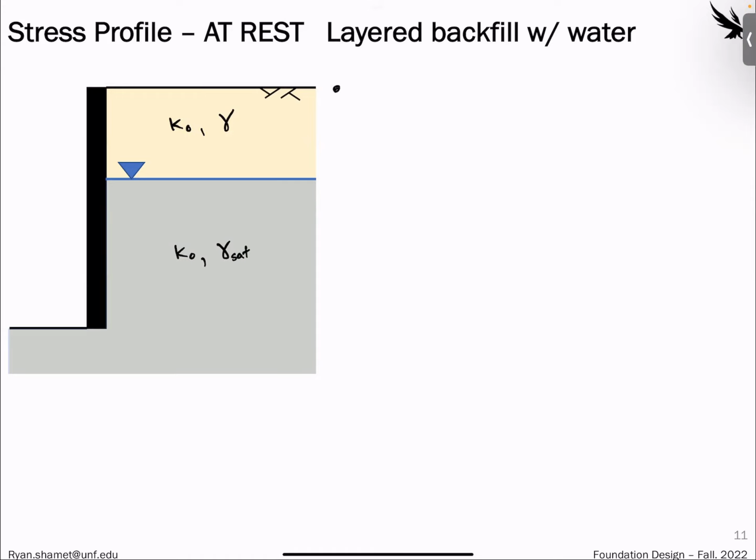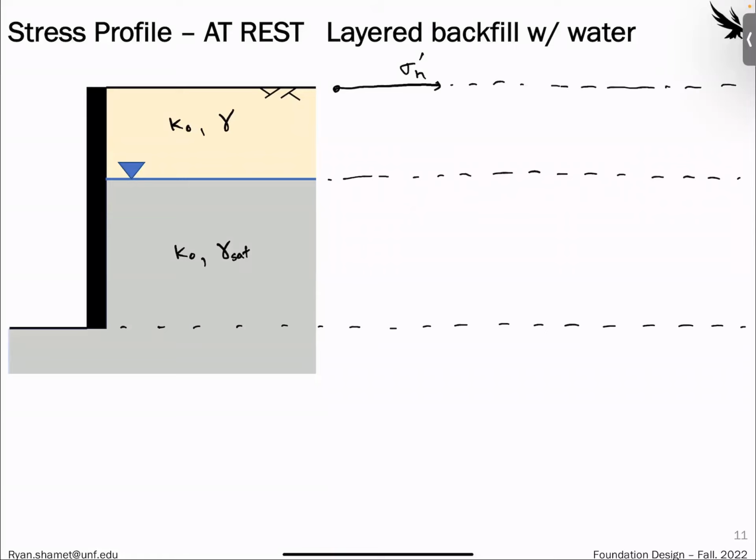So if we were to draw the earth pressure profile, the at-rest condition, I'll just draw these lines so I can try to keep it somewhat straight. If we were to draw the at-rest lateral earth pressure, this top condition, if we just assume it's dry, then we would have something like this, right?